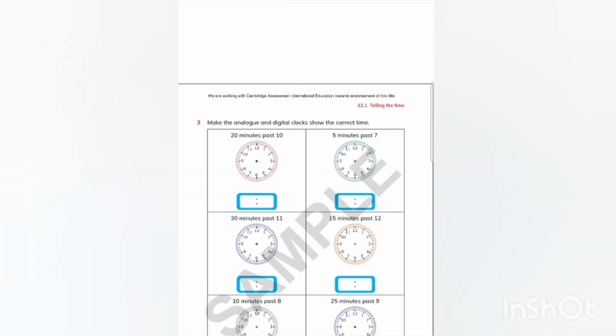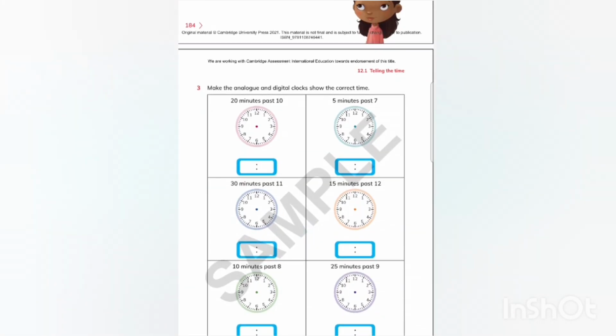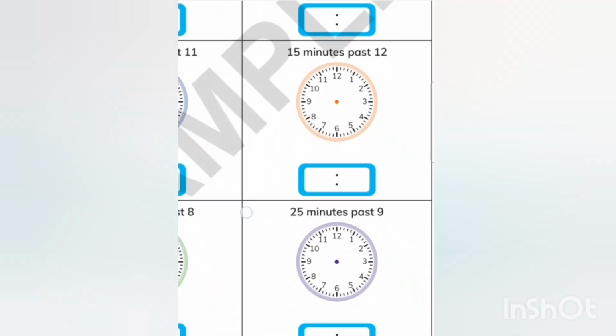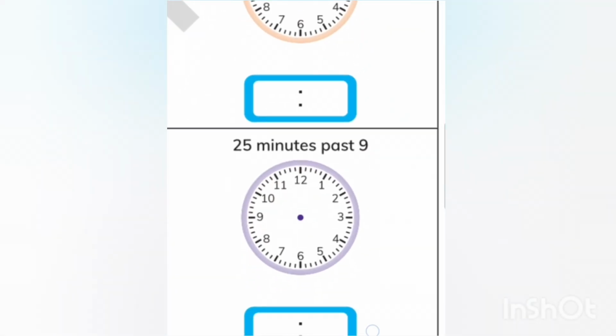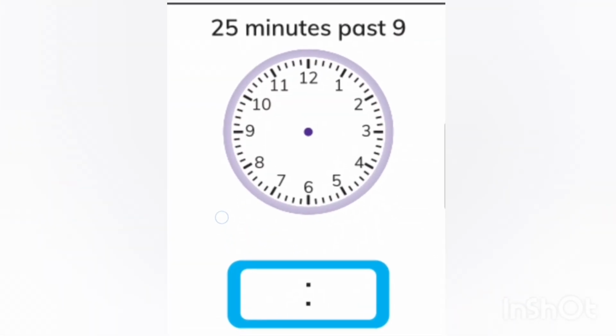I think we have, wait. Now we have to see the page number. Which page was this? This one. The page number was 185. So we are doing this one, the last one.